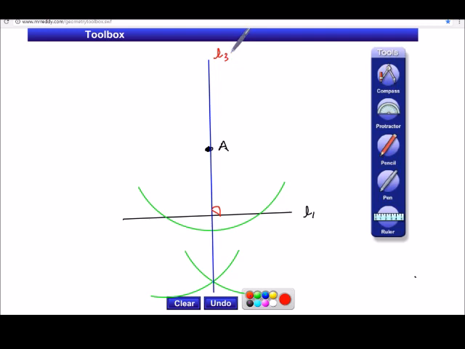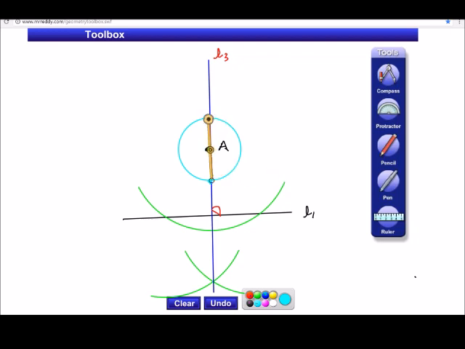Now I have a line that is perpendicular to my original line, which means all I have to do is construct a line that is perpendicular to L3 through point A. And we can do that as well. We know how to do that. From a point on a line, I simply make a segment. I now have a segment here, and I'm going to construct the perpendicular bisector of that segment.